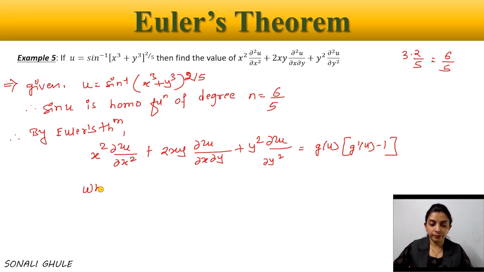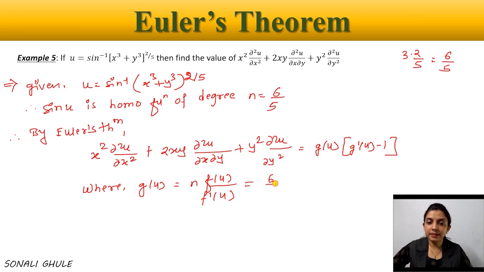Where g of u is n into f of u upon f dash of u. What is n here? Yes, it is 6 by 5. What is f of u? It is sine u, because sine u is homogeneous.